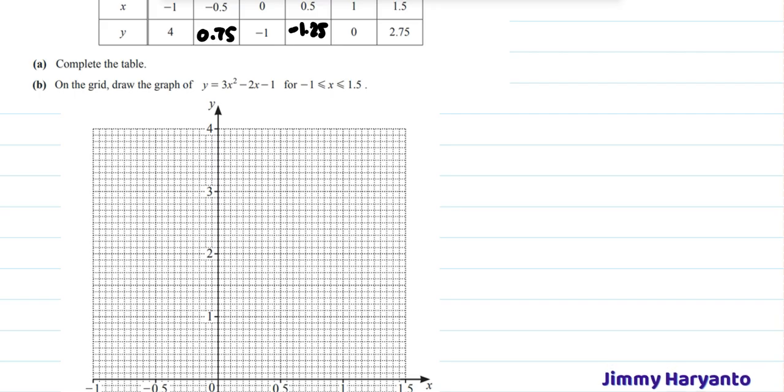Negative 1 and 4 will be 1, 2, 3, 4, 5. 1, 2, 3, 4. Okay, that's 4. This is 5. So it will be like that. This one is negative 1, 4. Then 0.5 and 0.75.